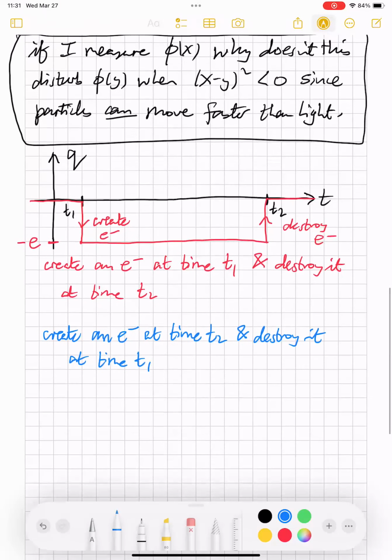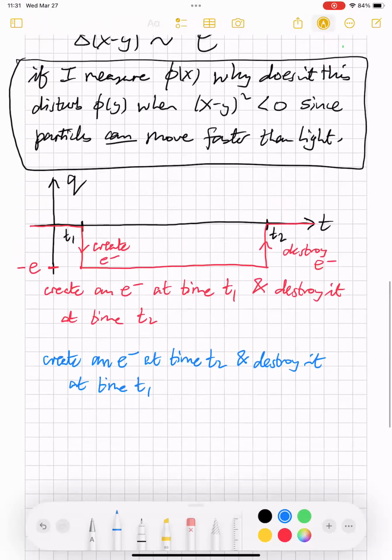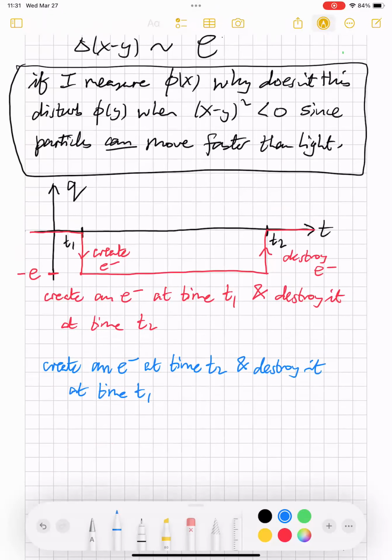But just let me do it and let's see what happens. Now we have a charge which is 0 up until the time t1. Now at the time t1, I destroy an electron. And take a look at the plot. We said when we destroy an electron, the charge goes up by an amount E. Why? Because destroying an electron removes minus E from the universe. So we're going to jump up here because we destroyed an electron.